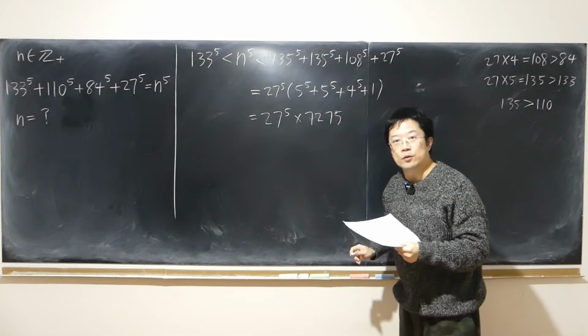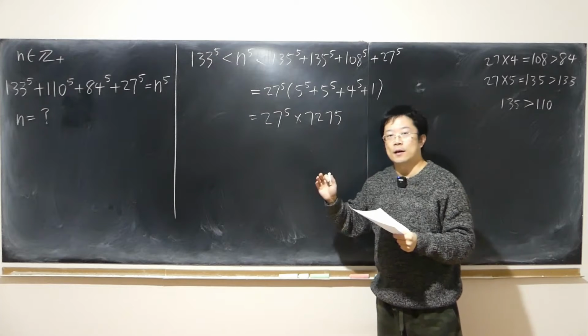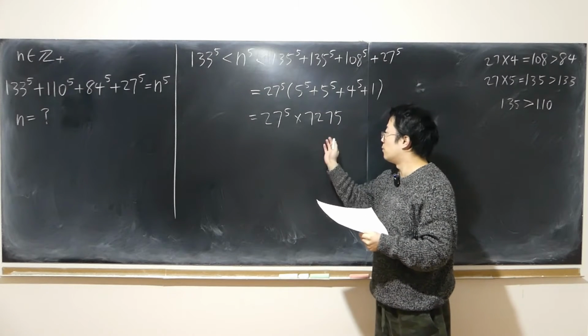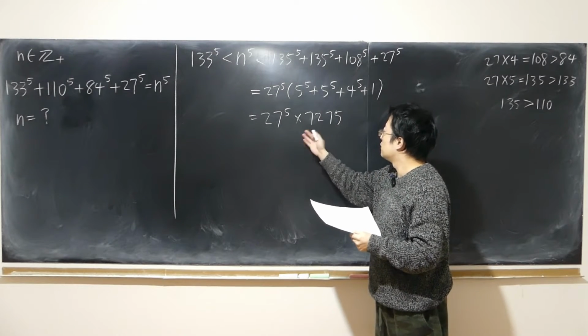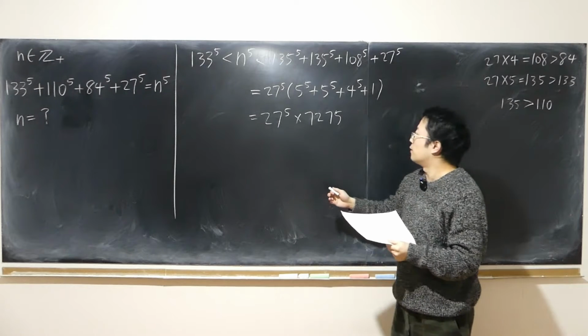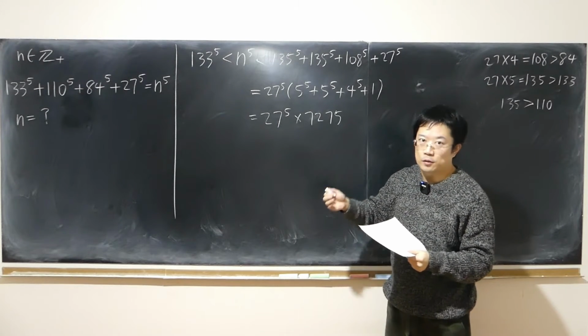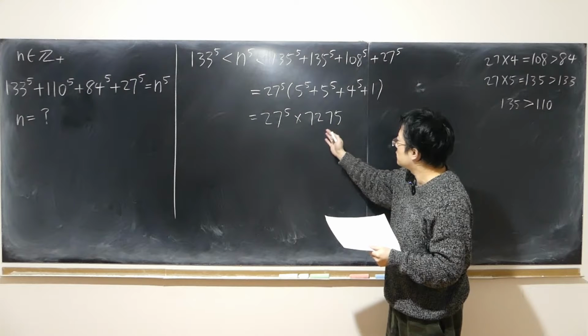Again, remember, we have to find a relatively tight and nice upper bound. We have to come up with a number whose power of 5 turns out to be a little bit bigger than this.